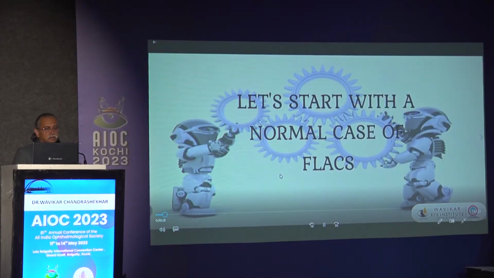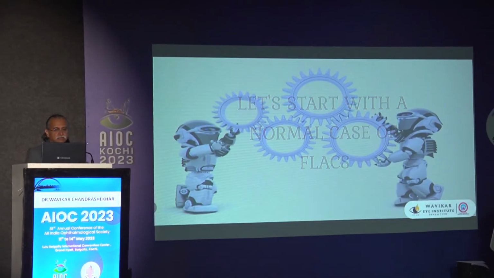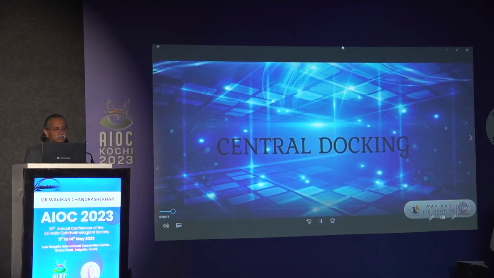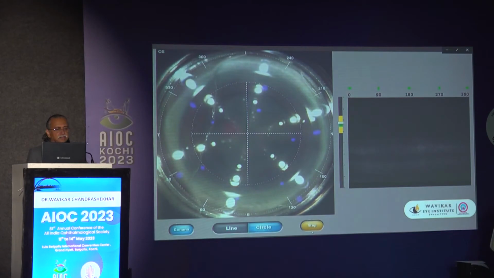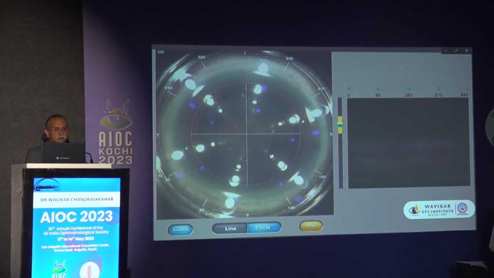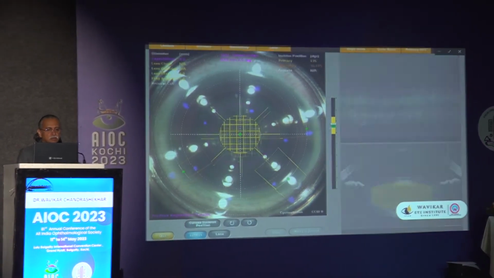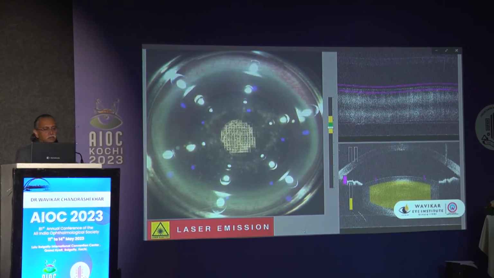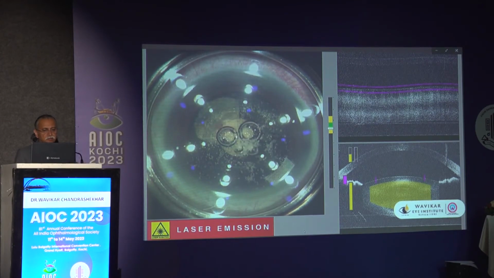Now let us look at how a normal case of FLACS is done. It is very essential to have central docking, and that takes care of most of our problems. Then you adjust everything on the dial and also on the OCT: nucleotomy, capsulorhexis, nucleotomy followed by incisions.